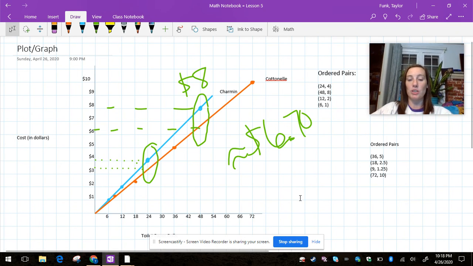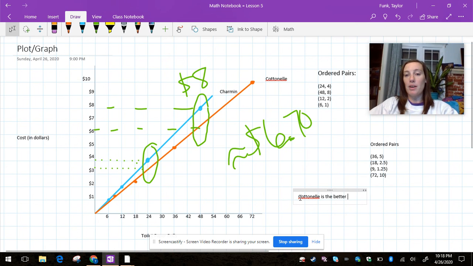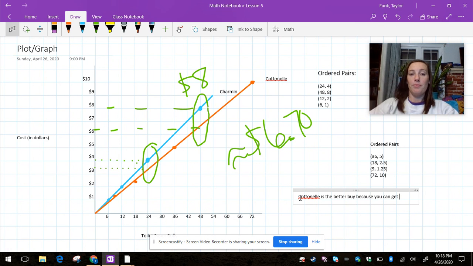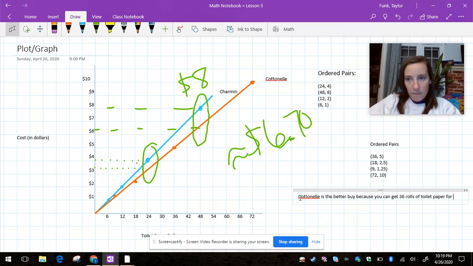Okay, so I can say that Cottonelle is the better buy, and that's what I would want to type out, and I'd want to have some rationale. So Cottonelle is the better buy because it looks like we have 36 for both: 36 rolls of toilet paper for $5 compared to $6 for Charmin.